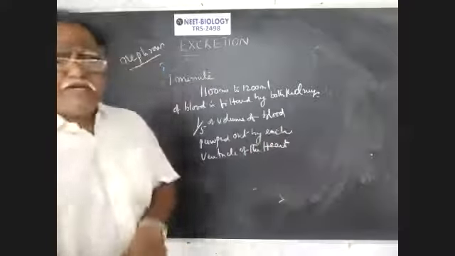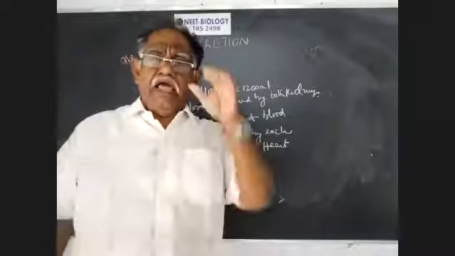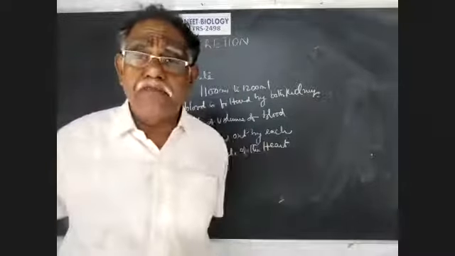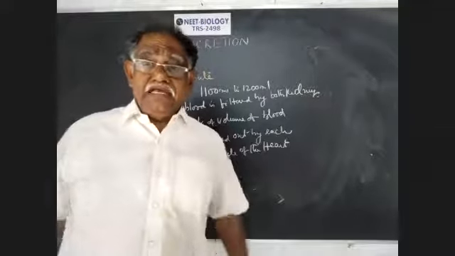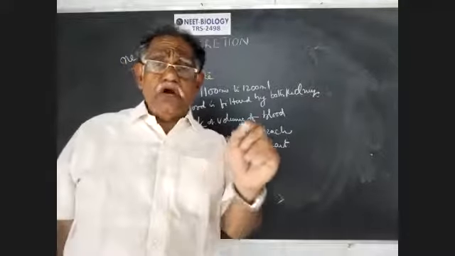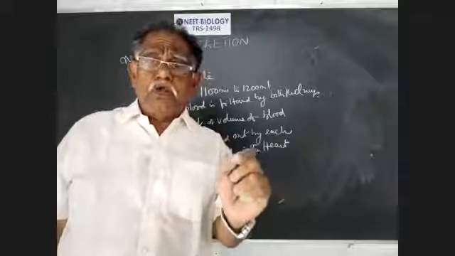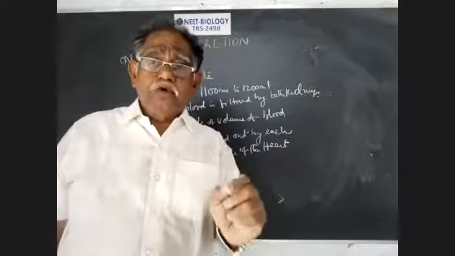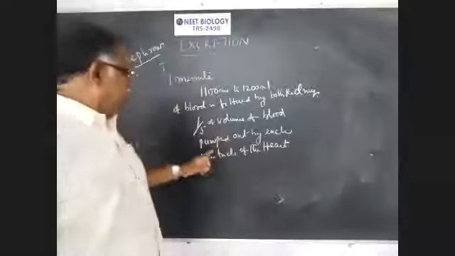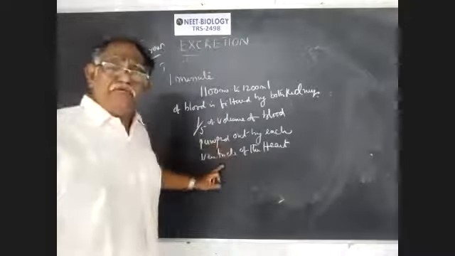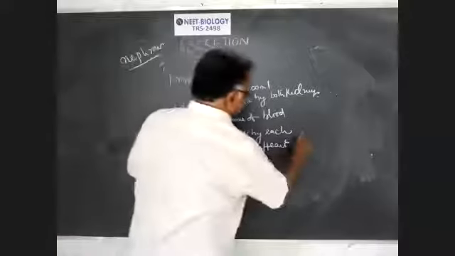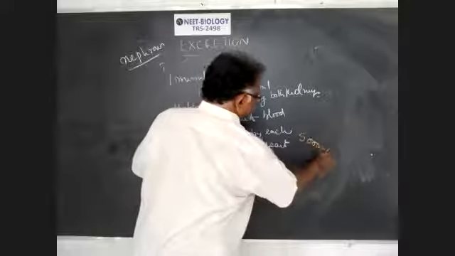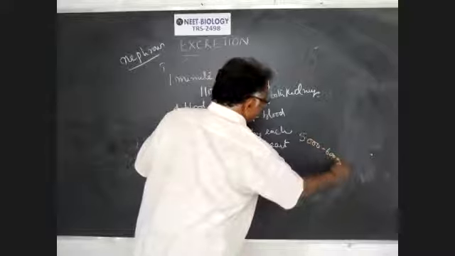So, per minute, both kidneys filter about 1100 ml to 1200 ml of blood. That amount is equal to 1/5 of the total volume of blood pumped out by each ventricle of the heart. That is about, I told you, 5000 to 6000 ml.